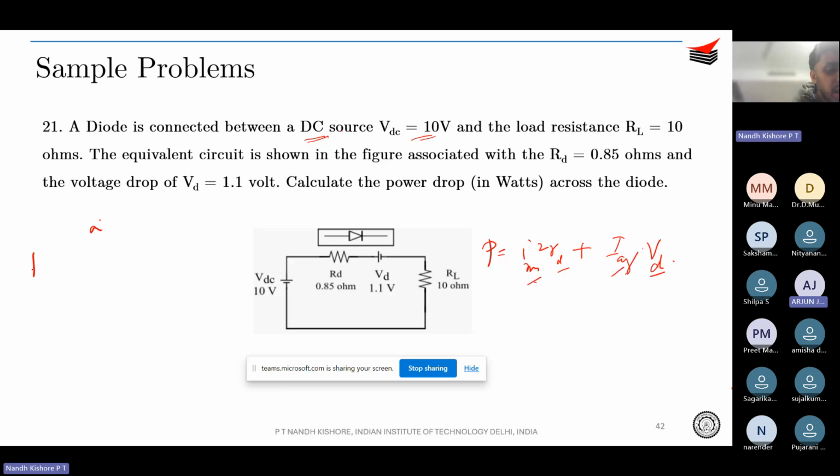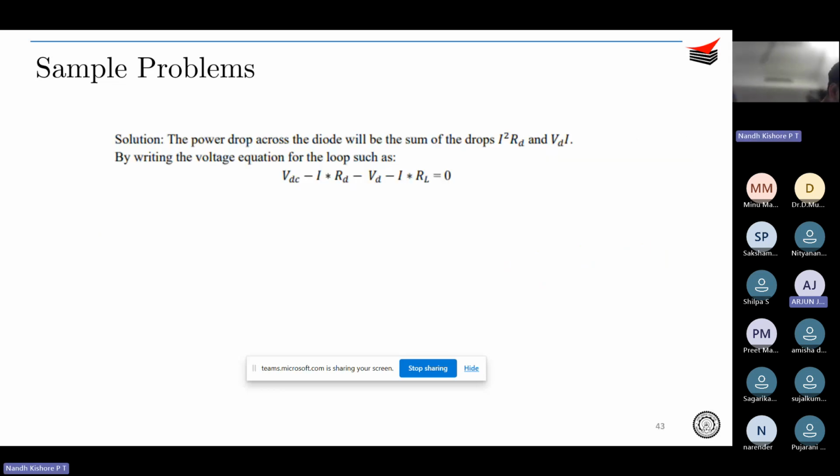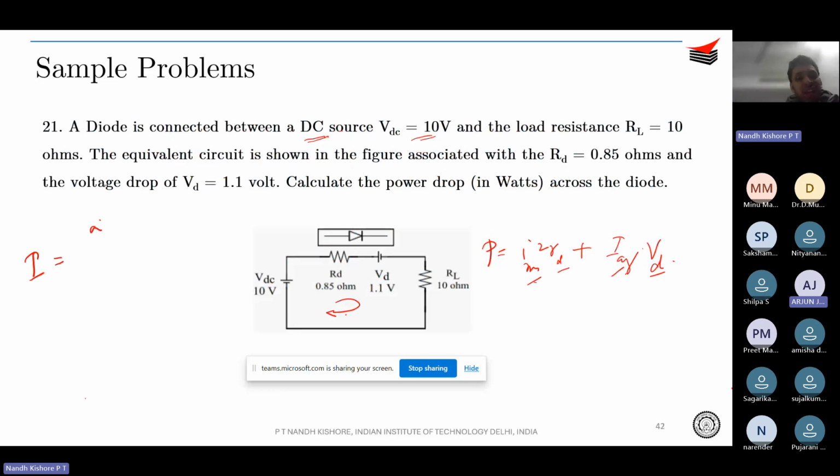So what is I? In this circuit, just apply KVL. I will be VDC minus VD divided by RD plus RL.